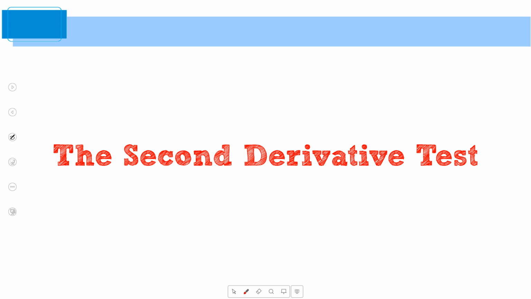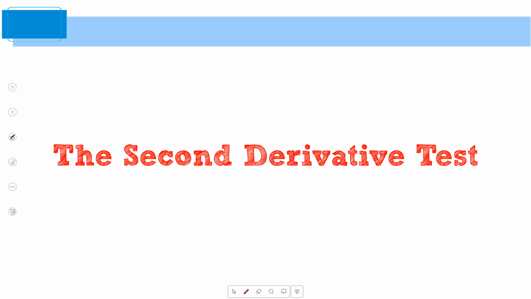What it does is exactly what you expect it to do. It finds maxes and mins. It just does it in a different method. It uses the second derivative instead of the first derivative. Okay? So there's my disclaimer. Everybody with me? I'm going to do it anyways, and we'll see what happens.